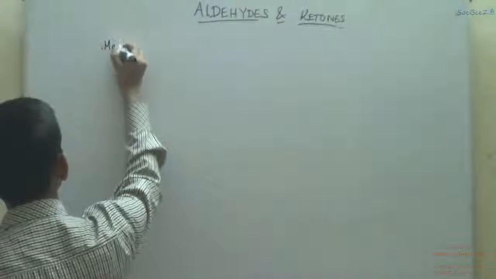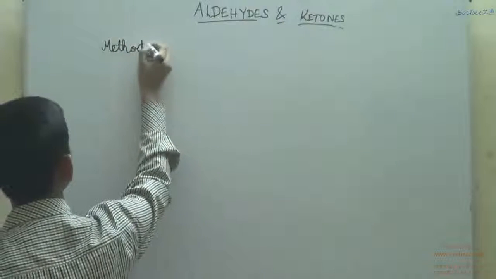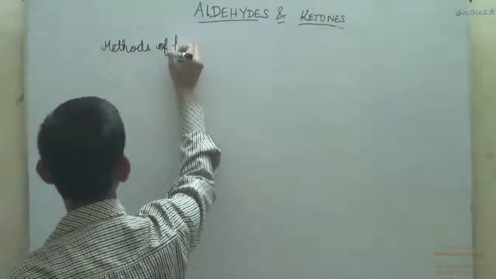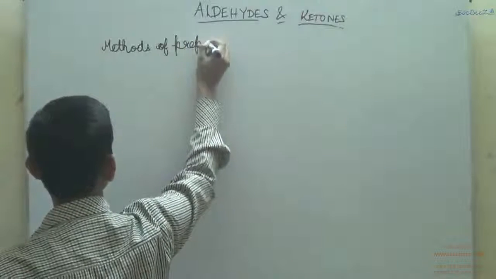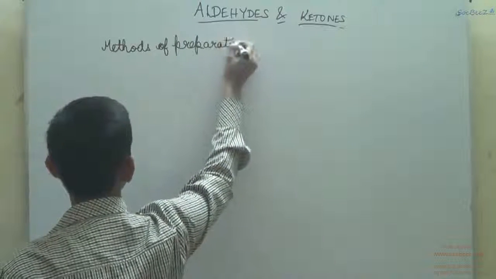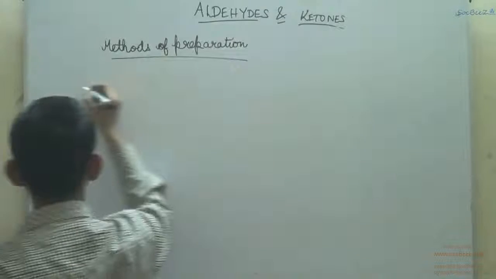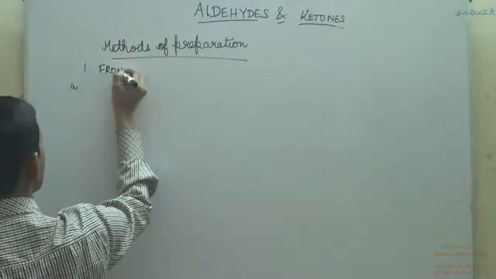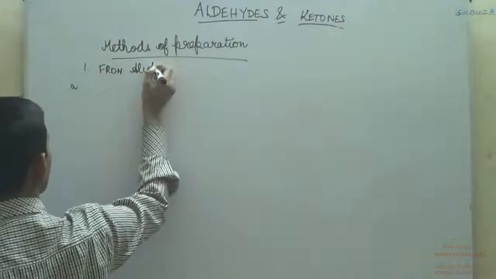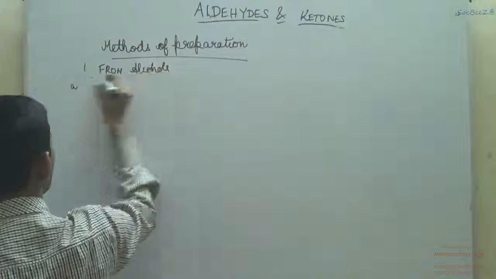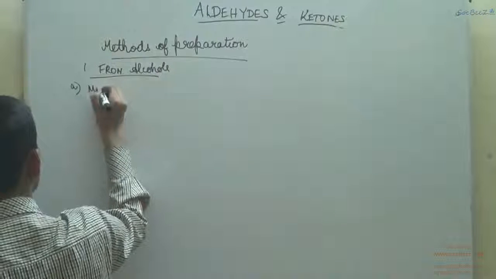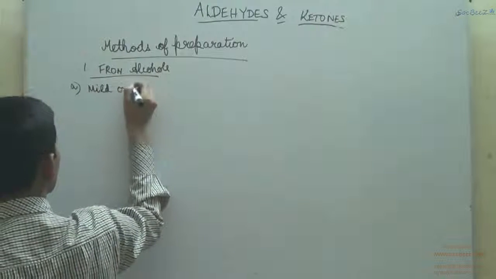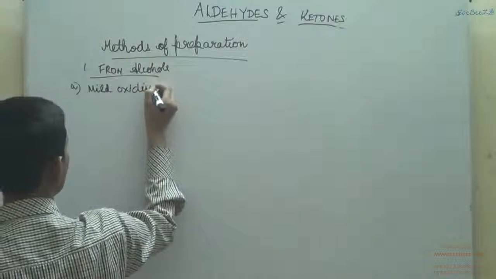So, methods of preparation of aldehydes and ketones. From a very old friend, alcohols. If I treat with a mild oxidizing agent, what happens? Let's see.